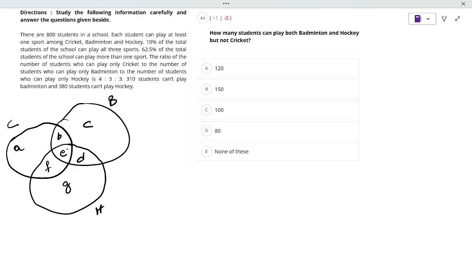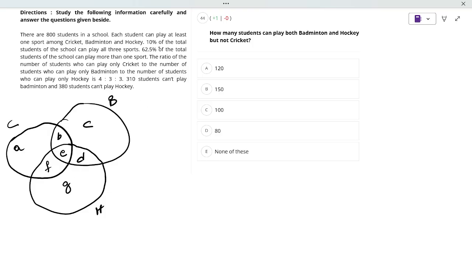So E plays all 3 sports. B plays both cricket and badminton, D played both hockey and badminton, and F cricket and hockey. A means played only cricket, C means played only badminton, G means played only hockey.